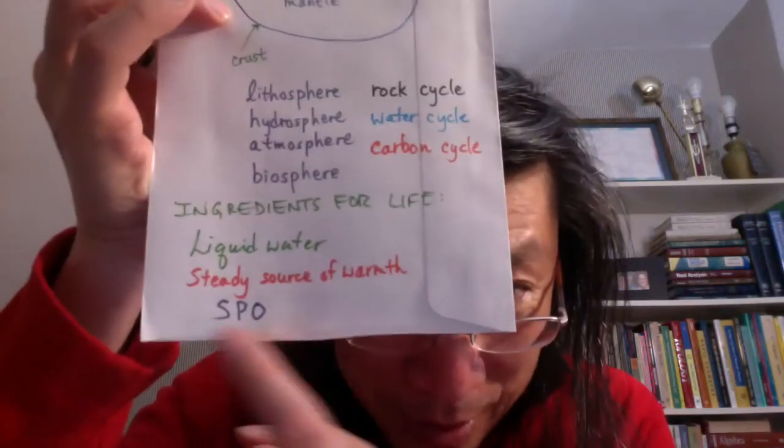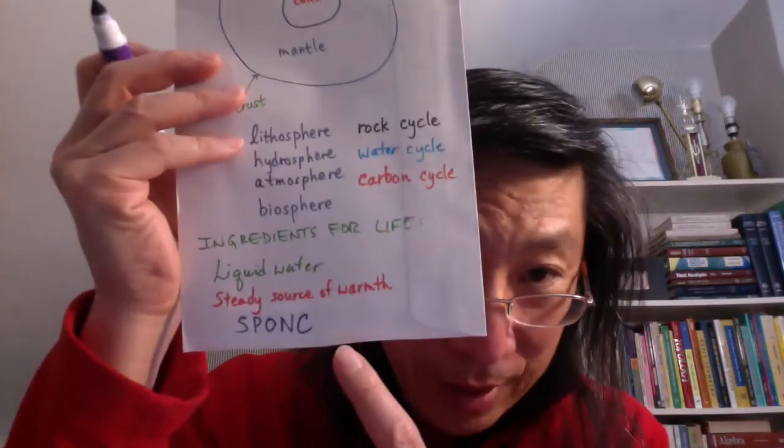Phosphorus. Oxygen is an O. So we got sulfur, phosphorus, oxygen, and then we have nitrogen, N, and then we have carbon. Carbon starts with a C. How about that? And then hydrogen starts with an H.